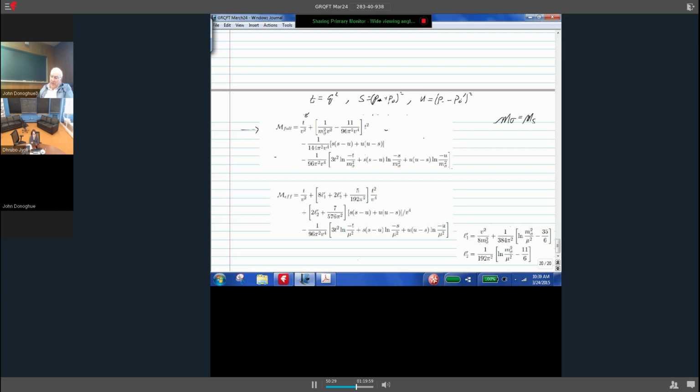So here's the full theory. The full theory has, so T is what I was calling Q squared before. S is P plus P, or P minus plus P0 squared.